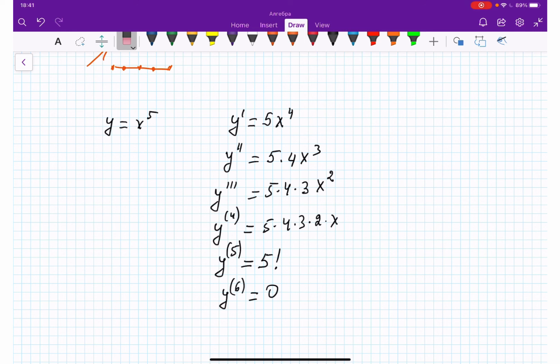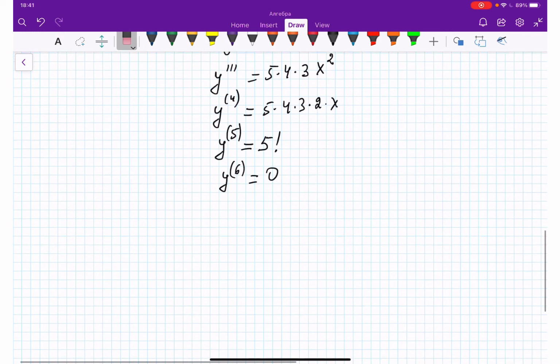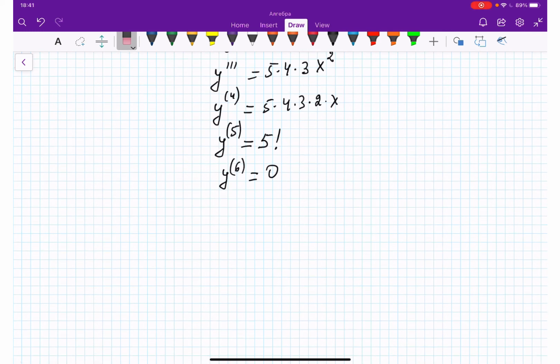So for example, let's see, we have y is equal, let me go down here, y is equal e to power ax plus b, okay?